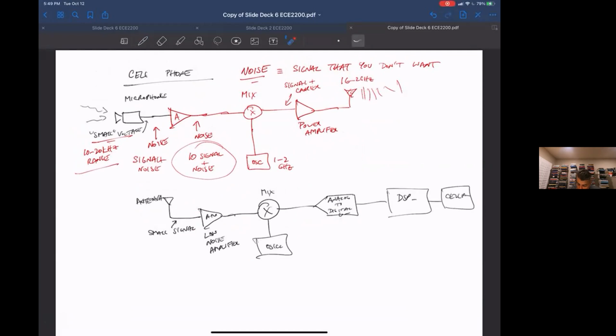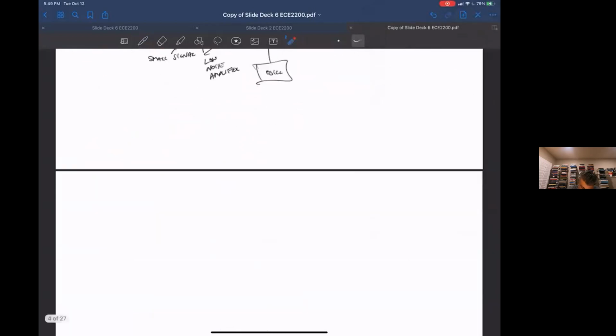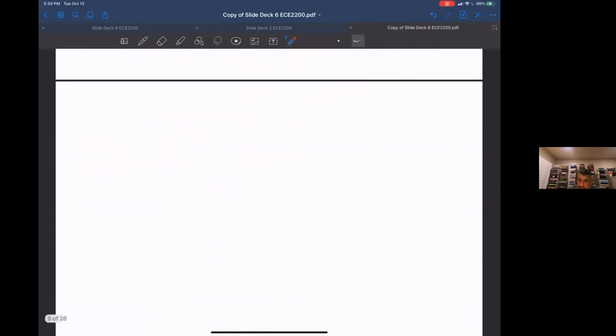So let's just look at what gain typically means. There are different types of gains. There's current gain, there's current to voltage gain, there's voltage to current gain. But most amplifiers, and almost the entire range of what we'll talk about in this class, are voltage amplifiers.